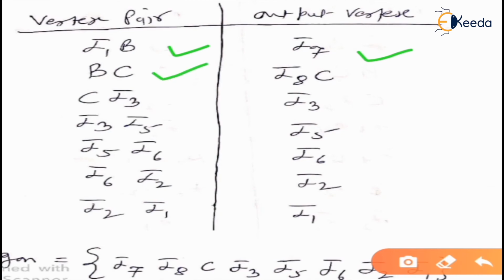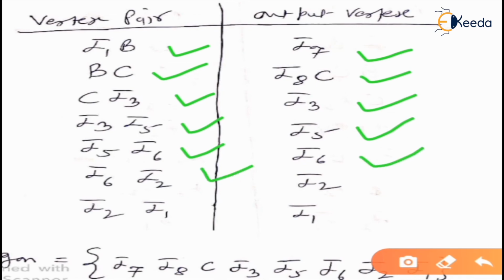For BC, the new intersection point I8 and C will be stored. For CI3 we store only the second point I3. For I3I5 we store the second coordinate I5. For I5I6 we store the second coordinate I6. For I6I2 we store the second coordinate I2, and for I2I1 we store the second coordinate I1.